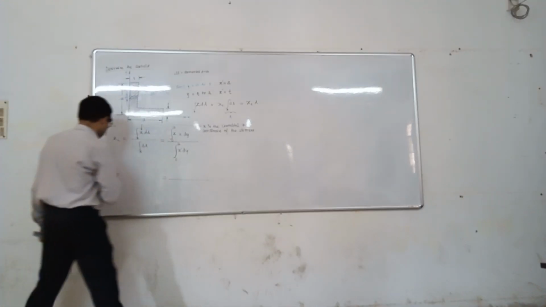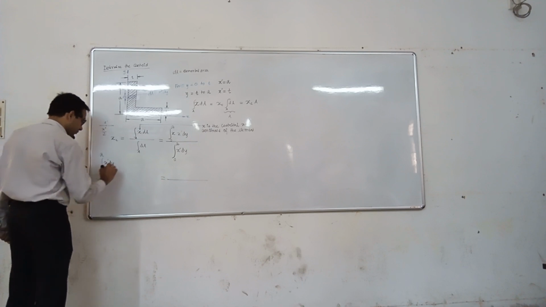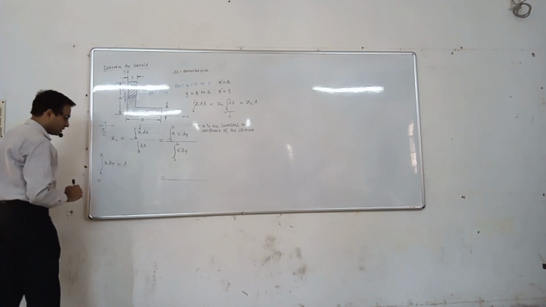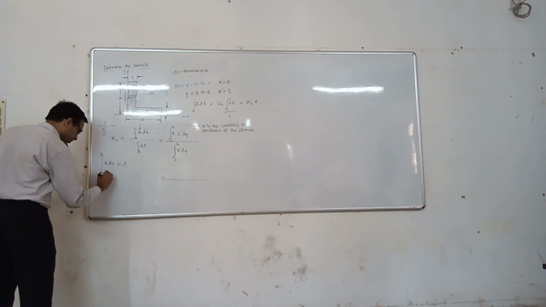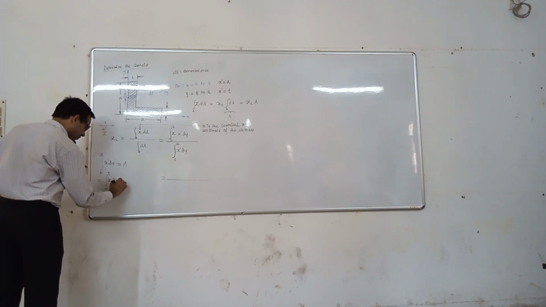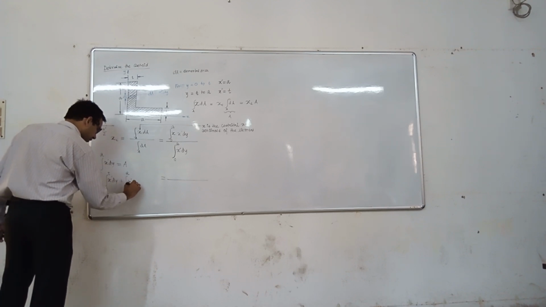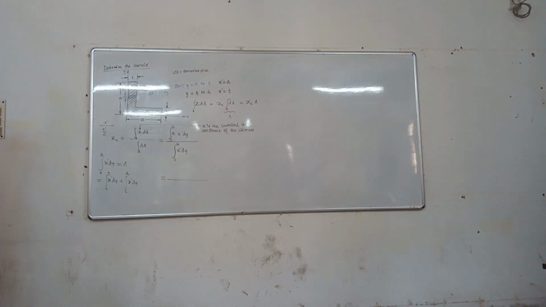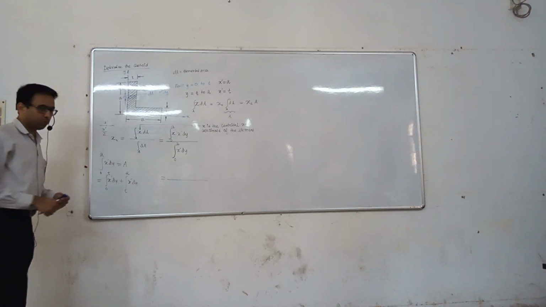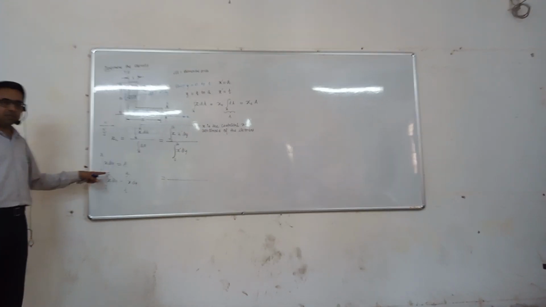So I will write the integral from 0 to a of x prime dy is equal to the integral from 0 to t of x prime dy plus the integral from t to a of x prime dy. Isn't it? Clear? So I can split the limit.